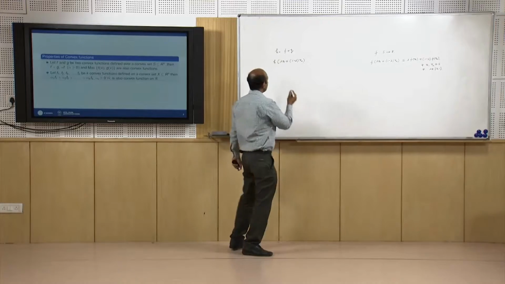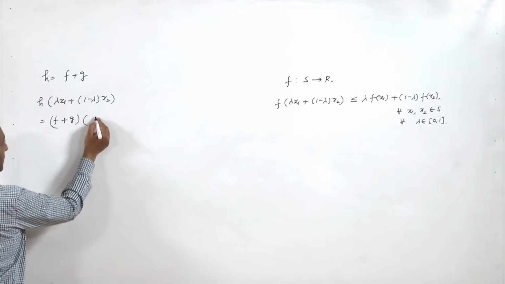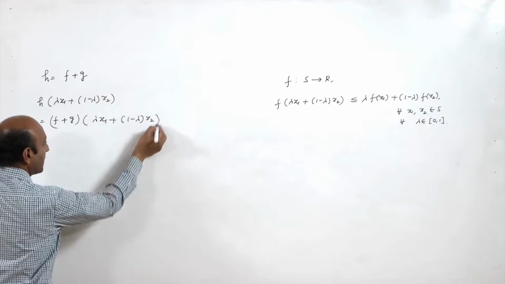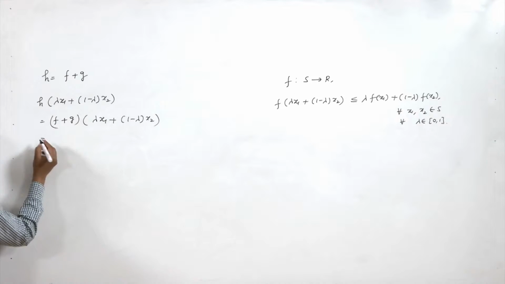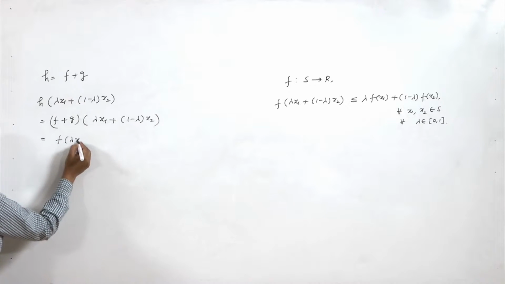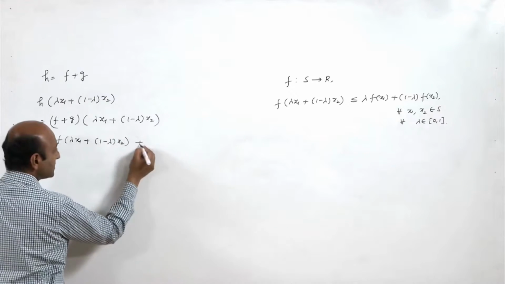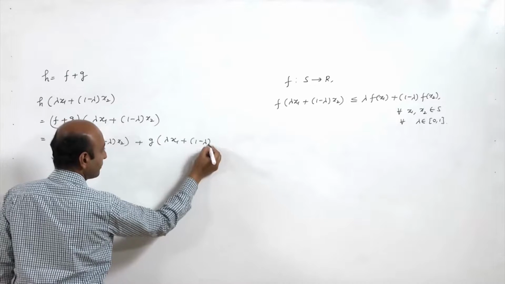Okay. So, this is equal to f plus g of lambda x1 plus 1 minus lambda x2, because h is nothing but f plus g, and it is again equal to f of lambda x1 plus 1 minus lambda x2 plus g of lambda x1 plus 1 minus lambda x2.